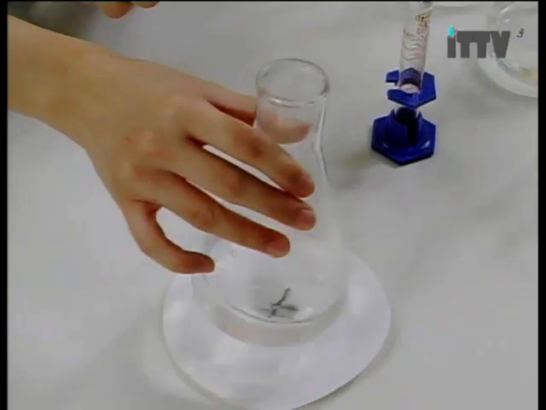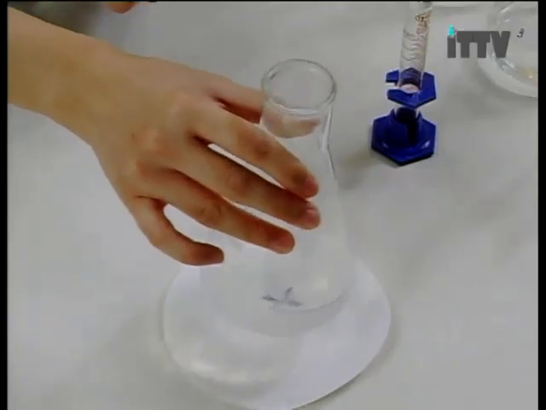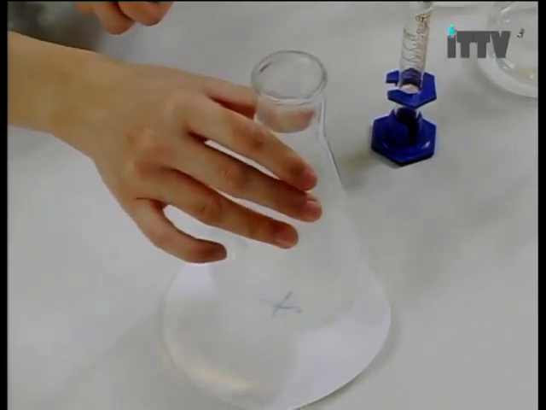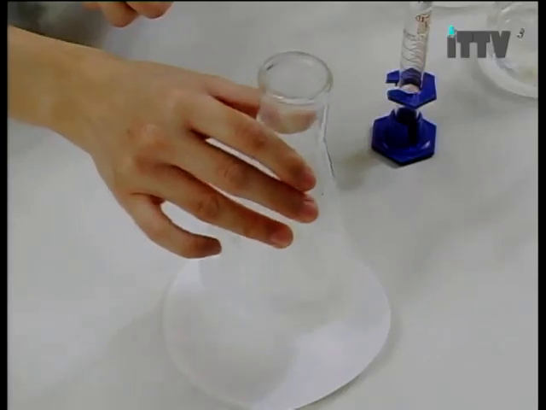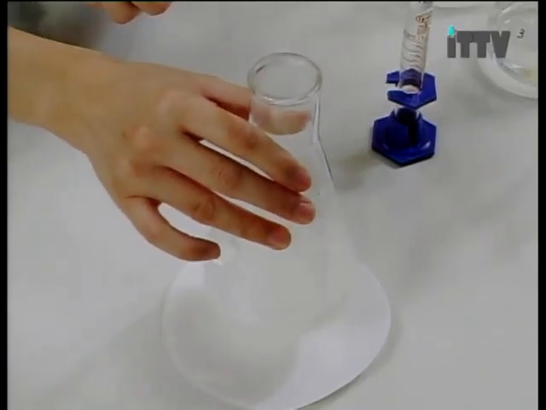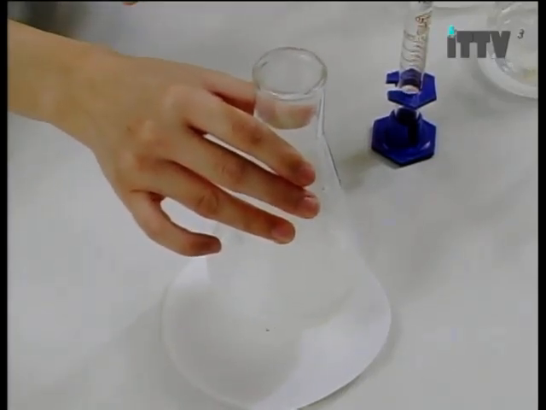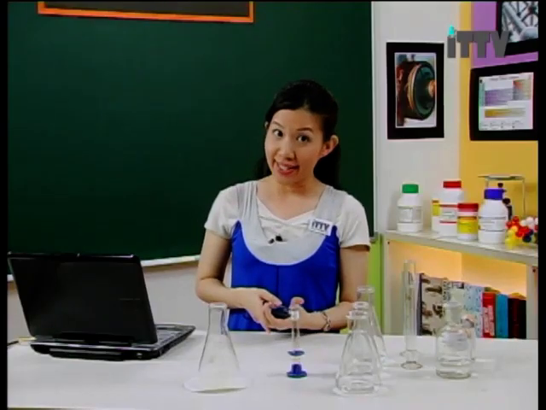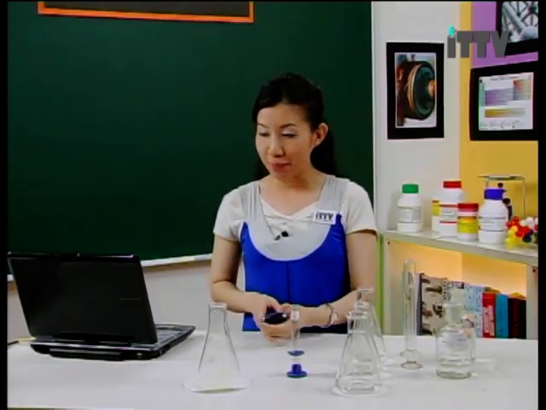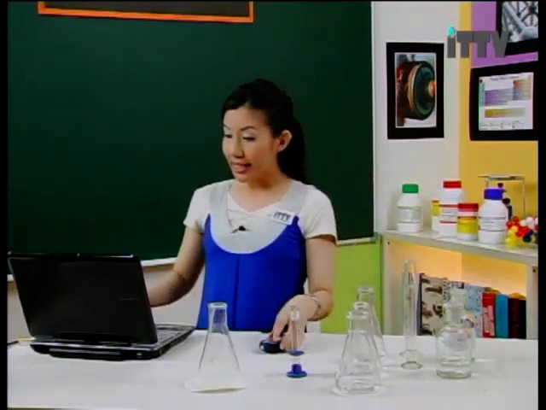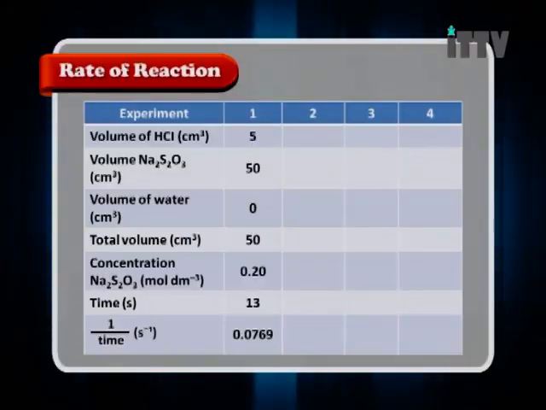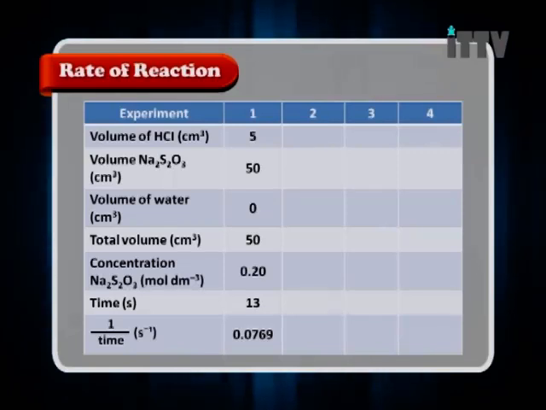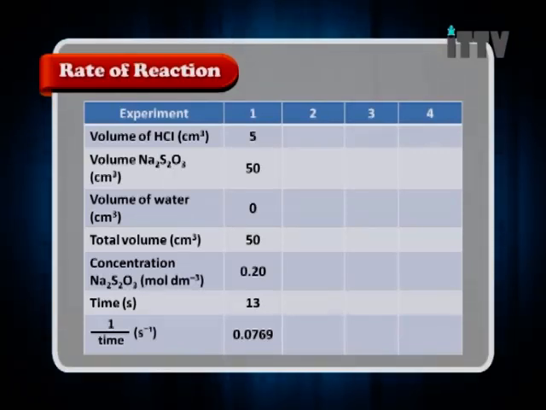So I start to swirl, swirl, swirl, swirl, and I think the X is slowly disappearing from view. And stop. It takes about 13 seconds for the X to disappear. So I will key in 13 seconds for the first experiment.